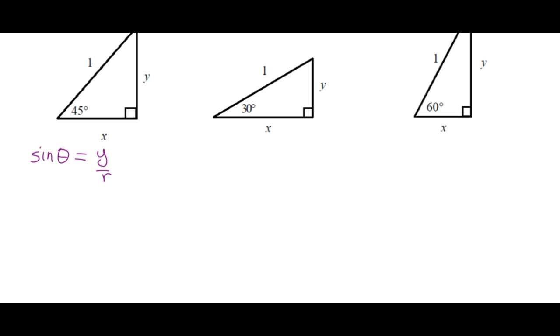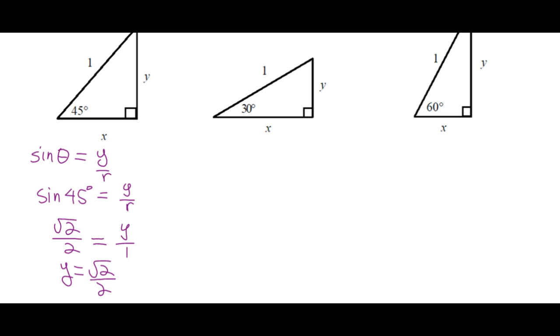So we've got sine 45 is equal to y over r. Now we know the sine of 45 is root 2 over 2, and that's equal to y over 1. So it just says y is equal to root 2 over 2. What's x equal to?